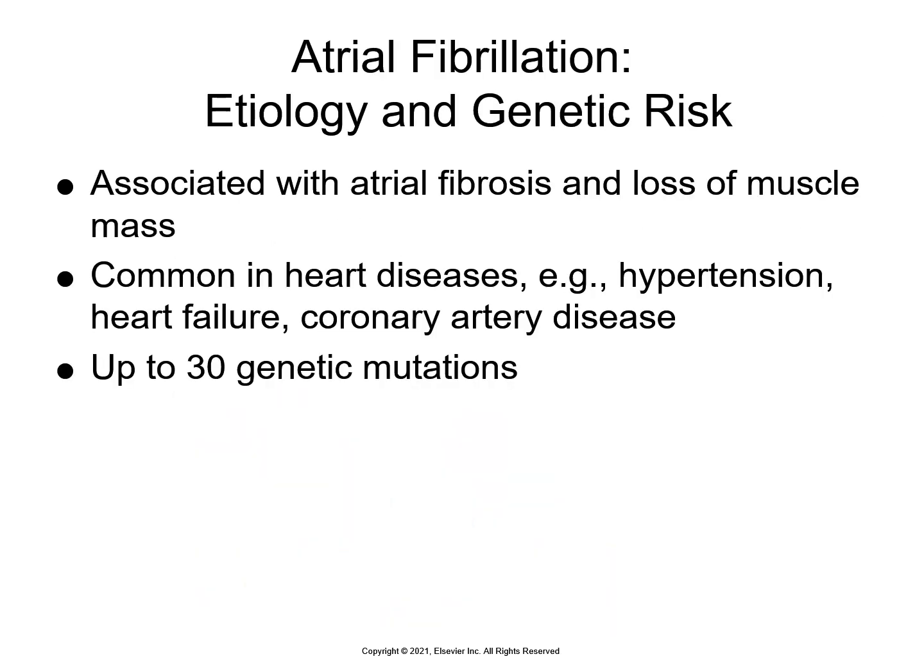So let's talk about atrial fib. What is the etiology and the genetic risk? Well, it's the most common heart rhythm disorder, and thus some people have families who have atrial fib. It's not uncommon for several people in a family to have it.